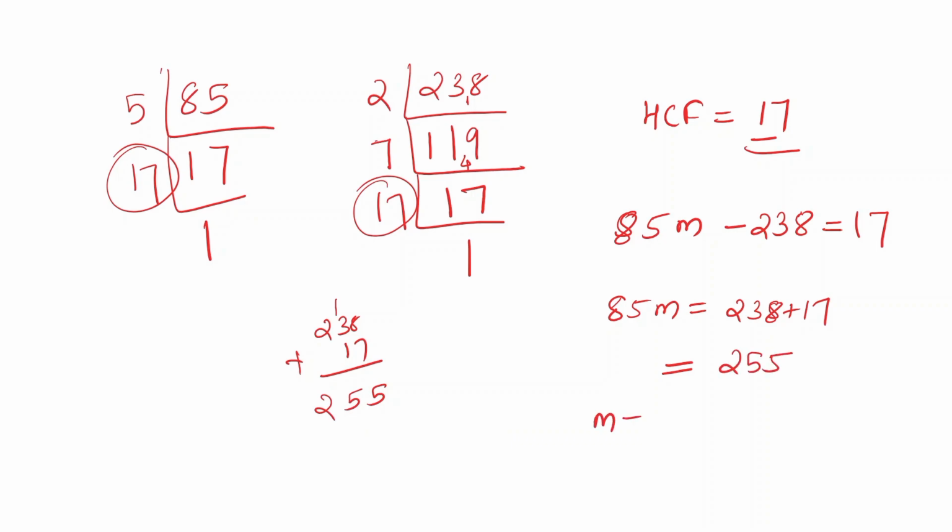So m should be 255 divided by 85. 17, 51. So 3. 17 3s are 51. With m's value being 3, that is the answer.